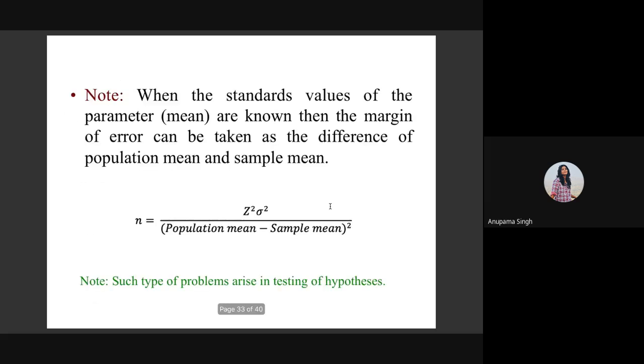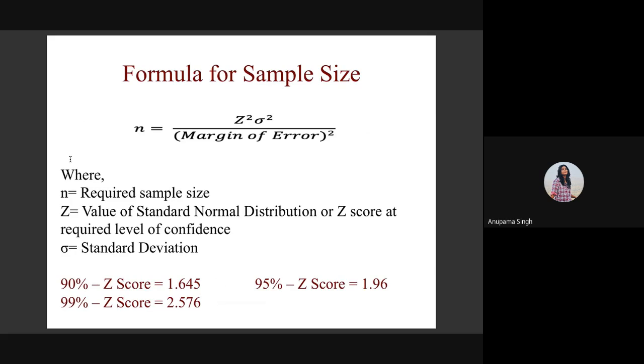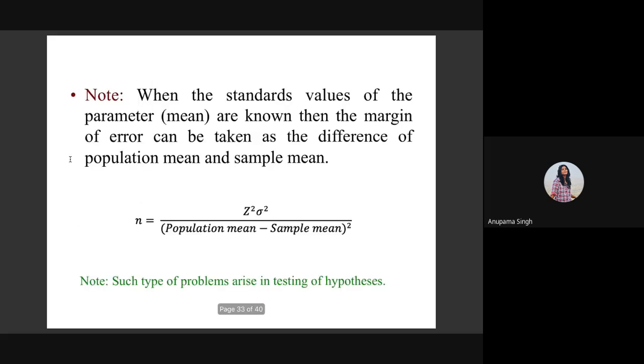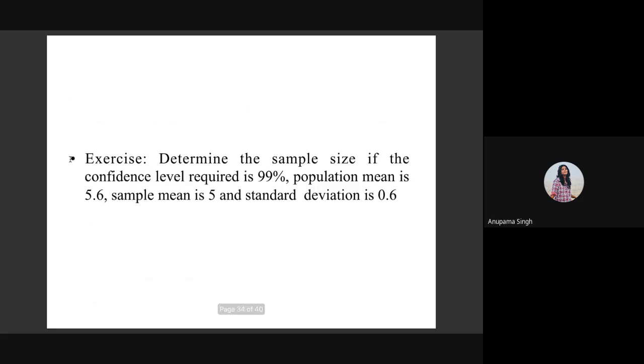In that case, we have information about both the sample mean and your population mean, so your marginal error becomes population mean minus sample mean. That we were talking about, no? The whole concept is that the estimated value should be as close to your actual value as possible. The same thing you can do for population mean and sample mean.